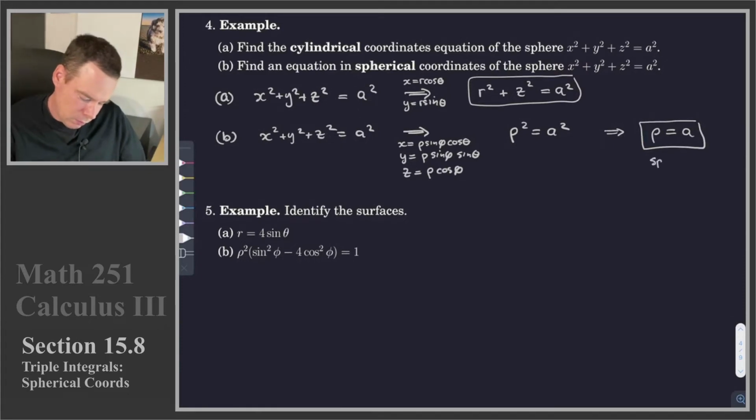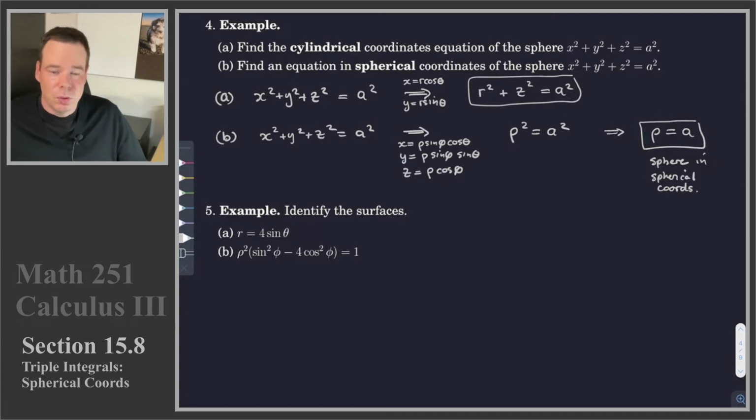So this is a sphere in spherical coordinates. And that's very nice because it says that in using spherical coordinates, spheres are very easy to describe. They're just one of the variables equal to a constant. And that's what we want when we're trying to describe regions that we're integrating over.